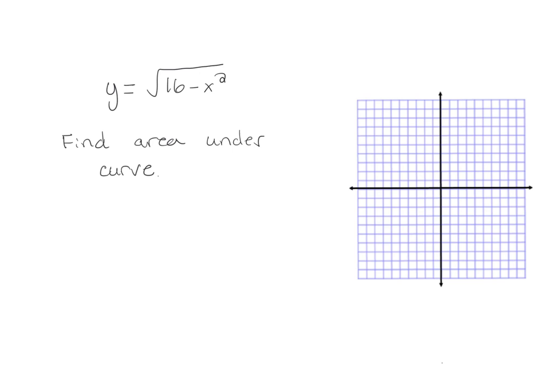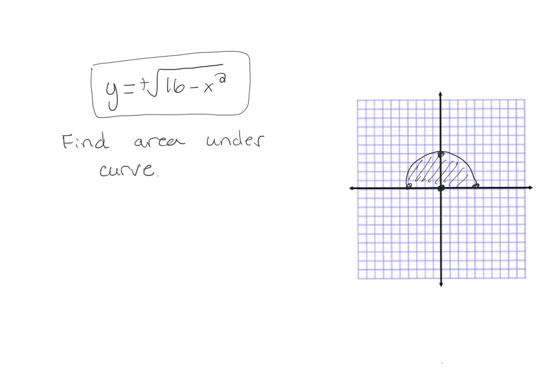So for this example, giving you an equation and asking you to find the area under the curve. Well, recognizing that this is what we just did, that is a semicircle. It's positive, so it's the top half of a semicircle with center 0 and radius 4. So there's my semicircle, and then the question is to find this area.